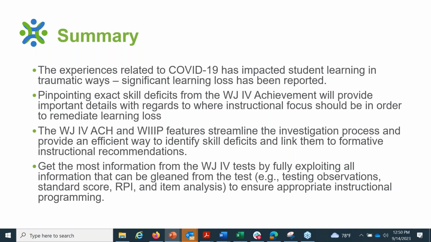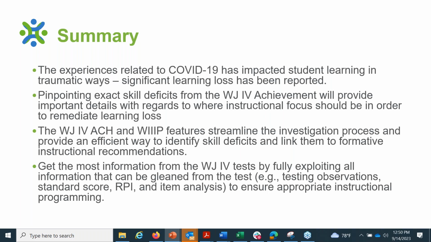So it's really our job to go in and pinpoint those exact skill deficits from the WJ, if you're using the WJ Achievement, and they're going to provide important details in regards to the instructional focus, and we should be able to implement those in order to help remediate that learning loss.